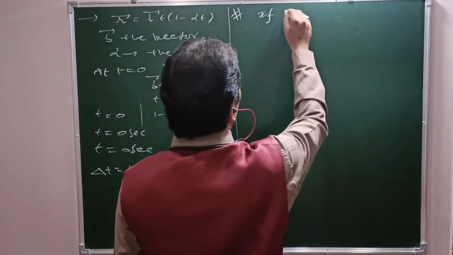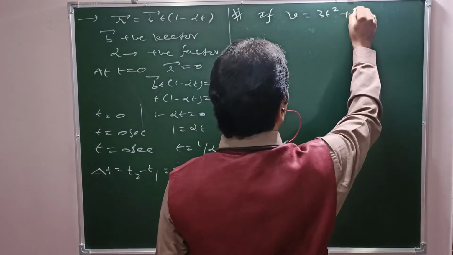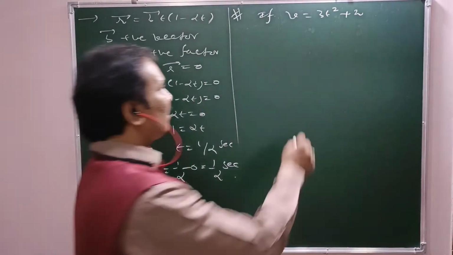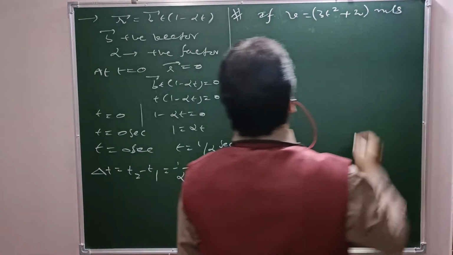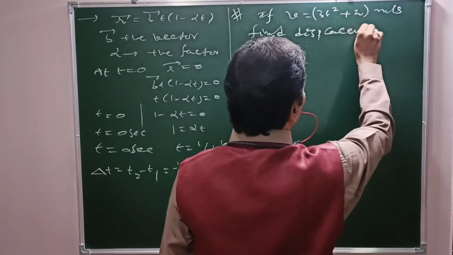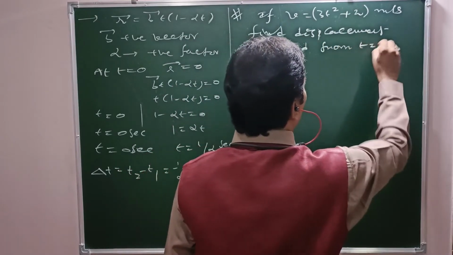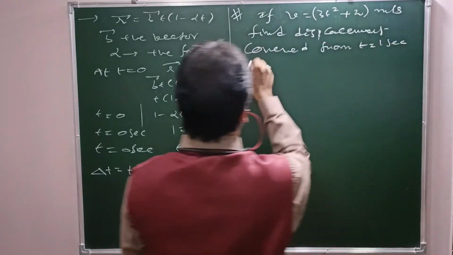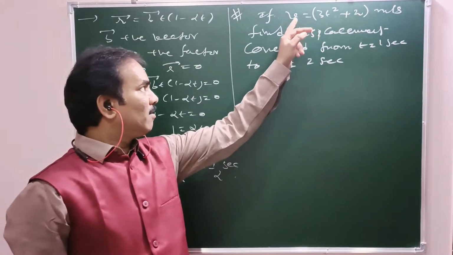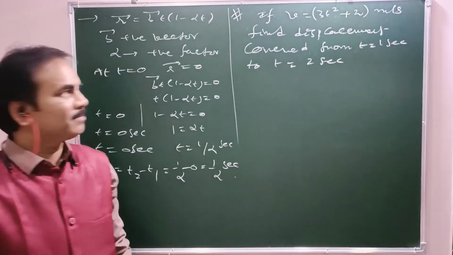If v equals 3t square plus 2 meter per second, find the displacement covered from t equal to 1 second to t equal to 2 seconds. Right? This time you are given the expression for velocity.